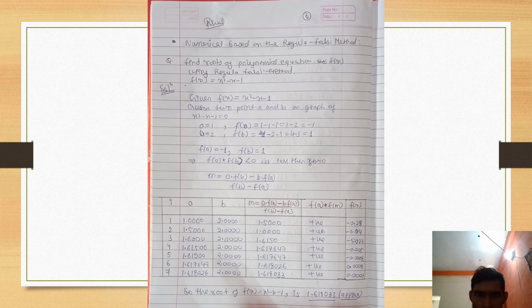If it is not true, we have to update the value of a and b. And the formula of m is the point. m is the point on the graph which is made by a chord joining the 2 points of the graph.